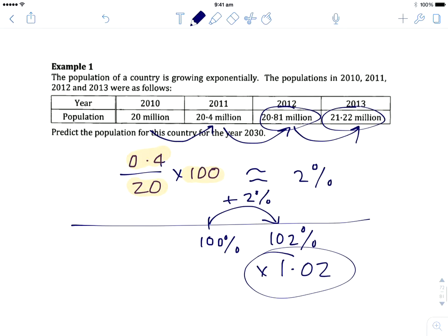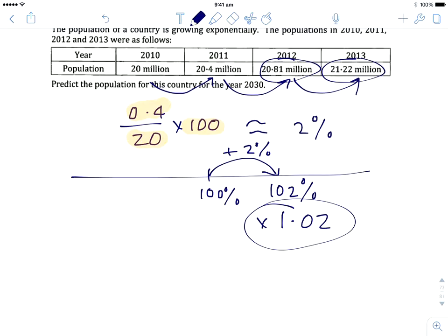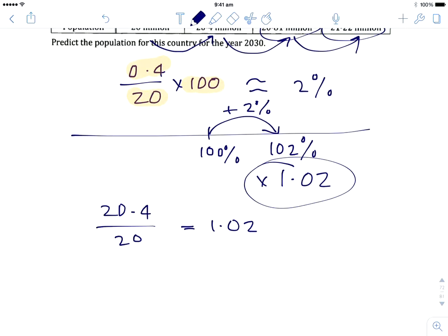So that's another way of doing this, is you could just compare the ratios of the numbers. So you could just go 20.4 divided by 20, that's exactly 1.02. You could then do 20.81 divided by 20.4. Look at the ratio of those two. It's about 1.0201.